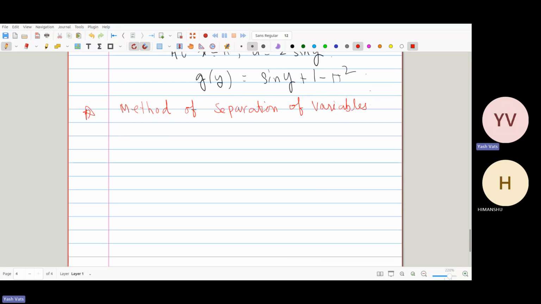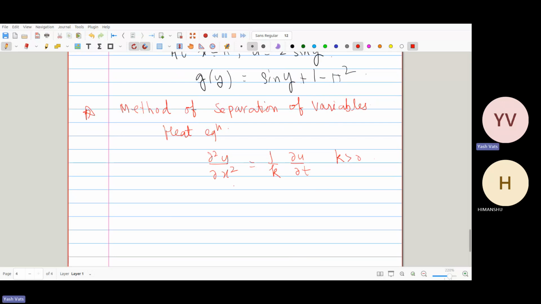Okay, so in this case, I just start with some theory. I just use the heat conduction equation, the heat equation: del squared u over del x squared equals 1 over k del u over del t.